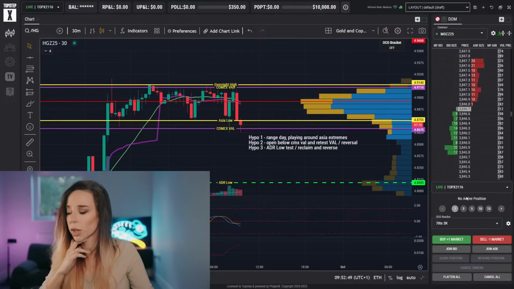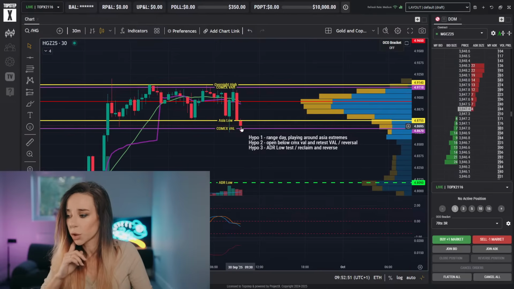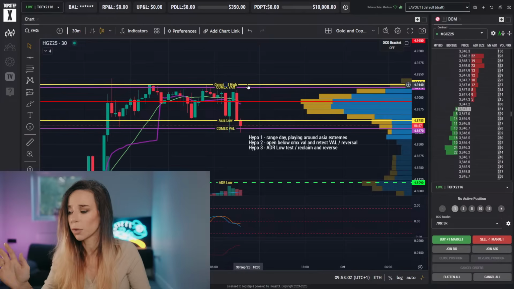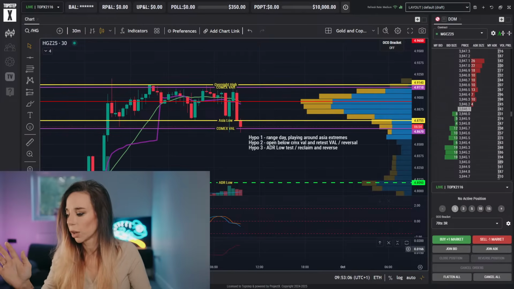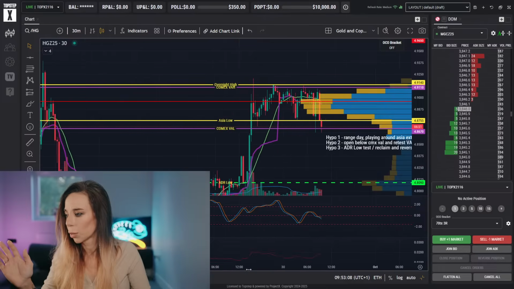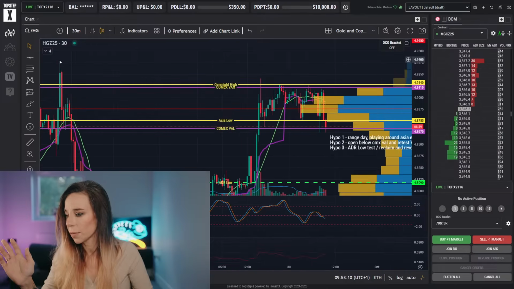So where do I want to get involved? I don't want to try and long from this area and then hold it for a break, because this is all range bound. So to me, I would want the market to clearly break outside of all of this, maybe even smash through this previous Thursday high.